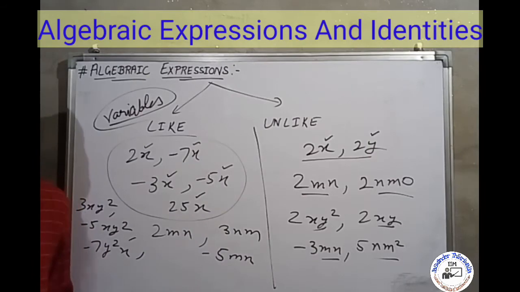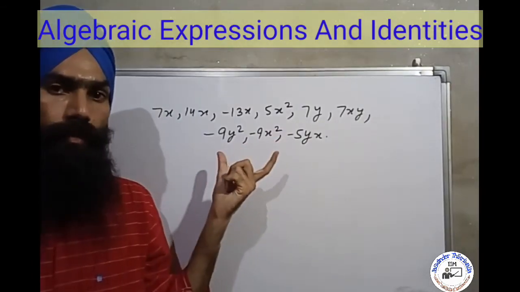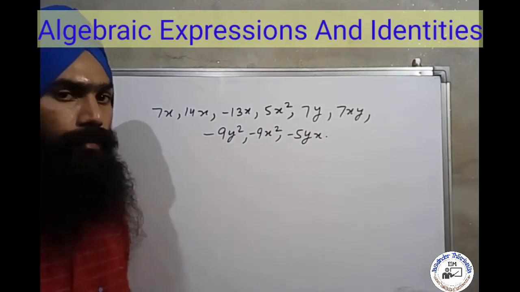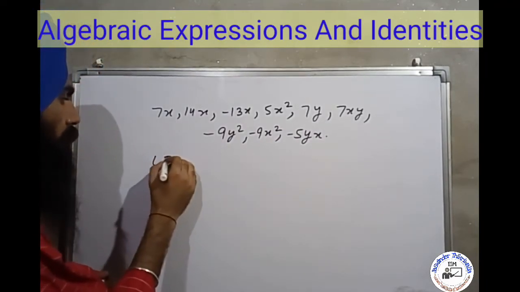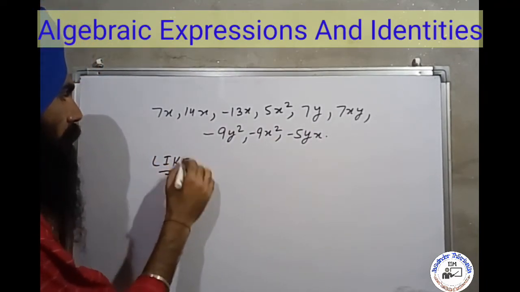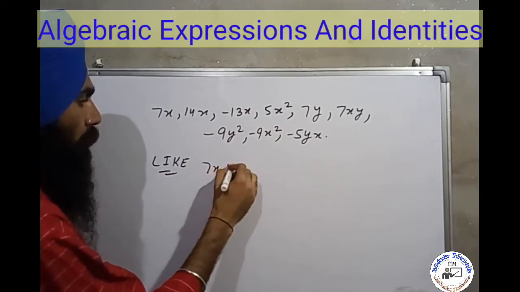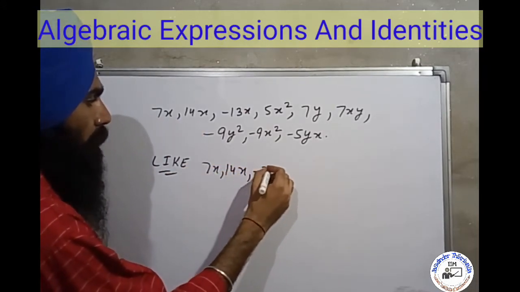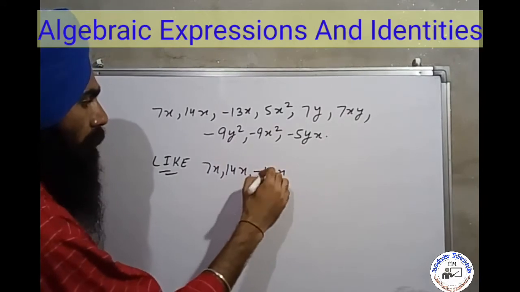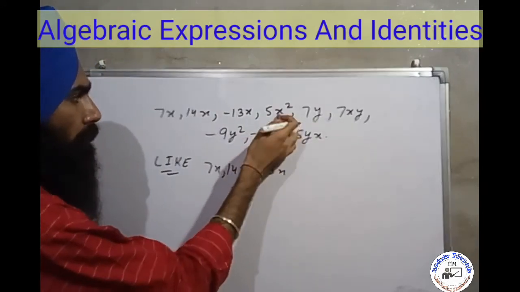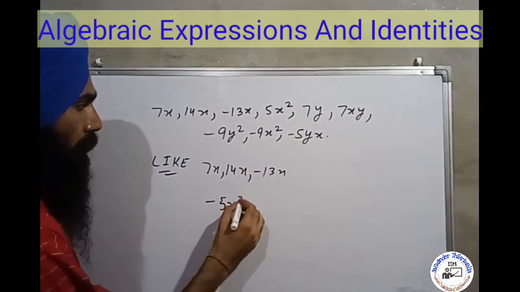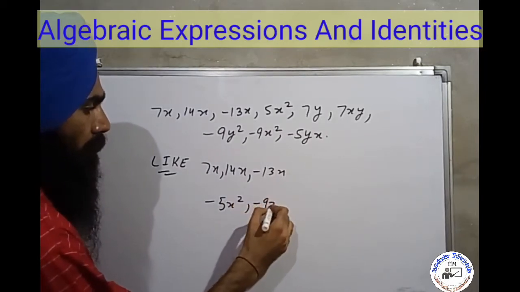Now we will discuss a few examples of these. Now out of these terms we will check like and unlike terms. Okay. First of all, like. Which are like? 7x, 14x, minus 13x, these are like. Then compare with x square, 5x square, minus 9x square.